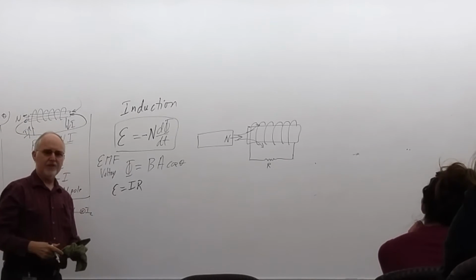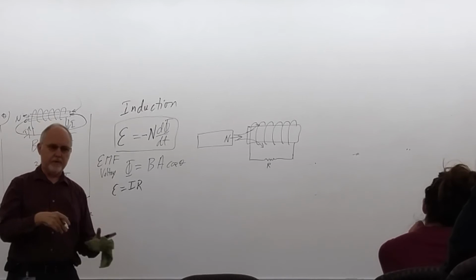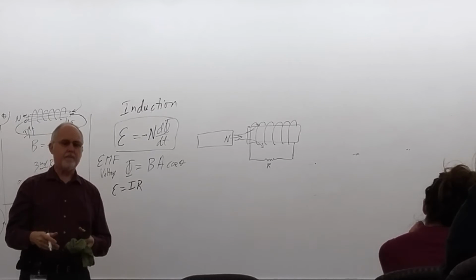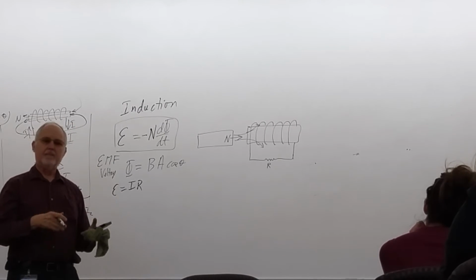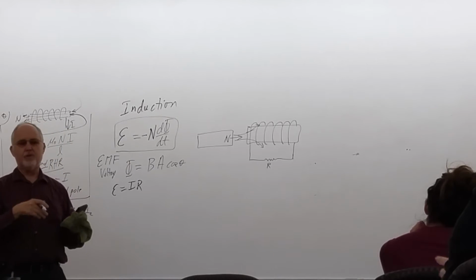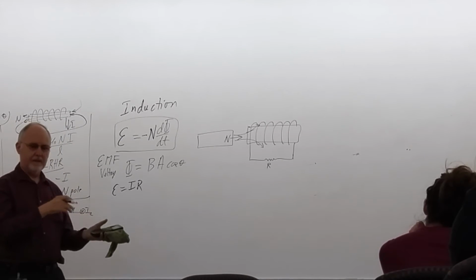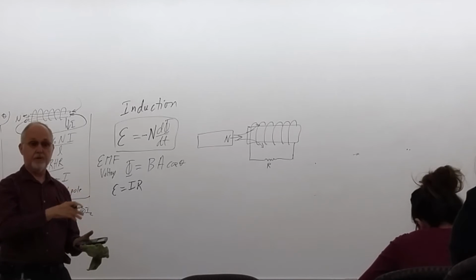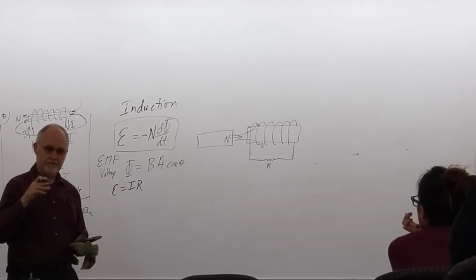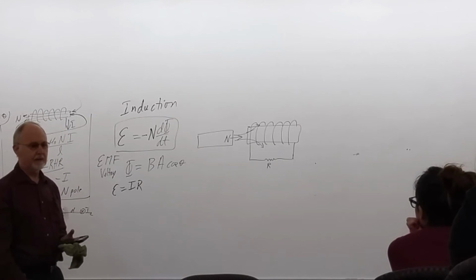So the voltage induces a current going through the coil. The current produces a magnetic field, but you want that magnetic field to oppose the magnetic field that's actually producing everything here as the magnet gets pushed in.